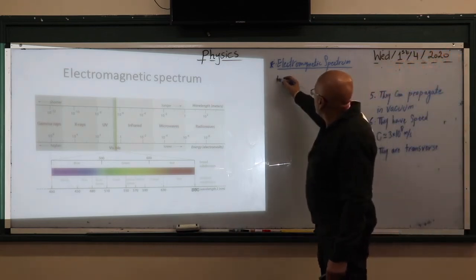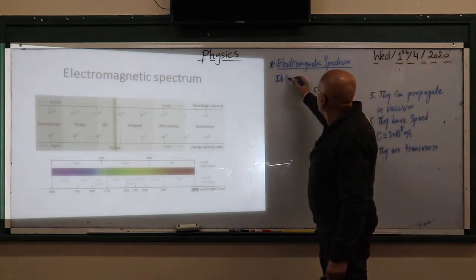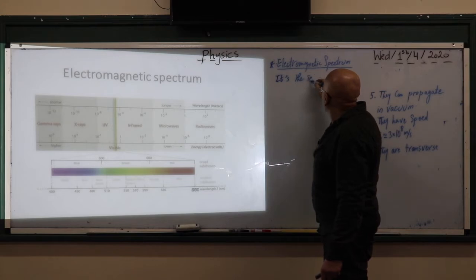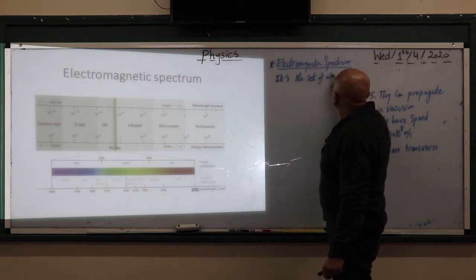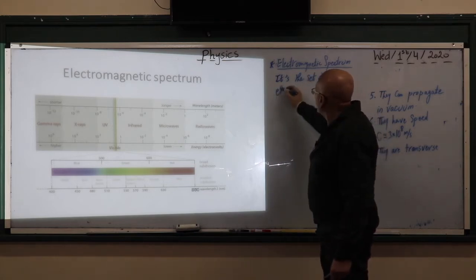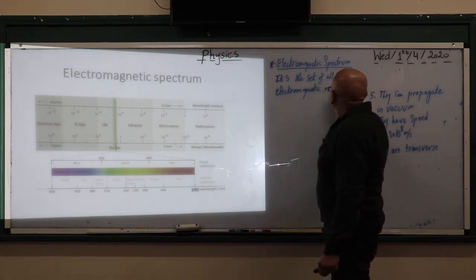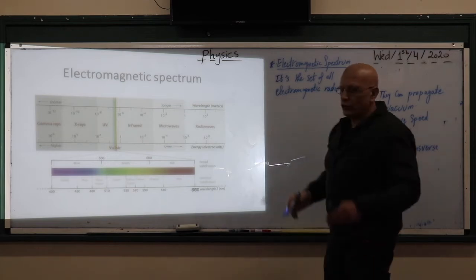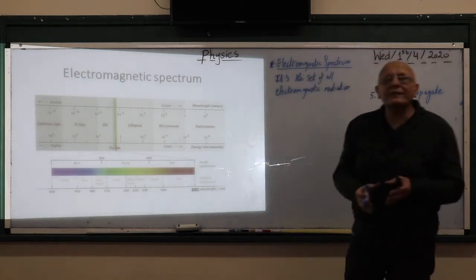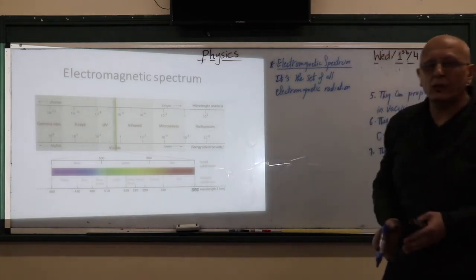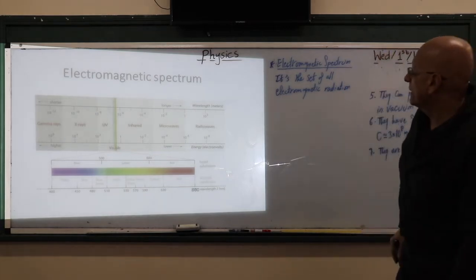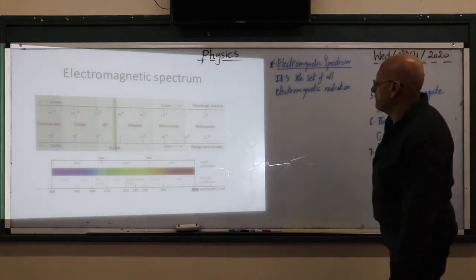It is the set of all electromagnetic radiations, where each radiation has a different lambda and frequency from the other one. Let's look at them.